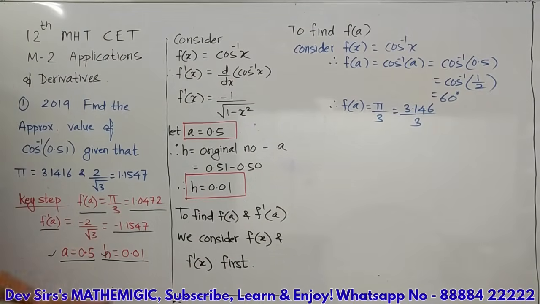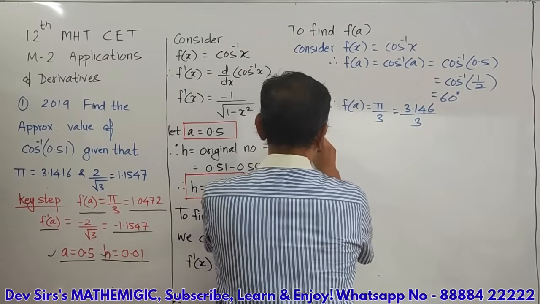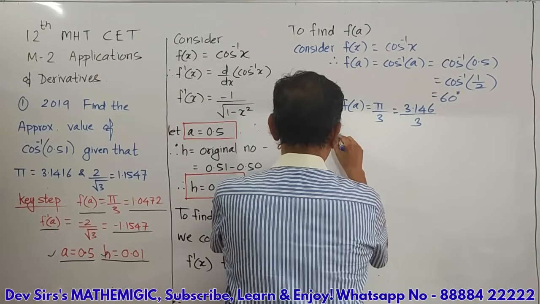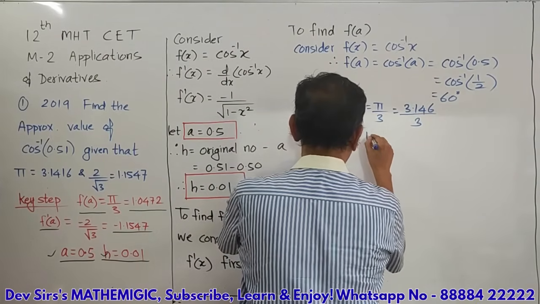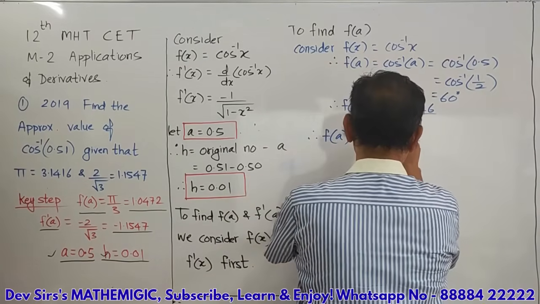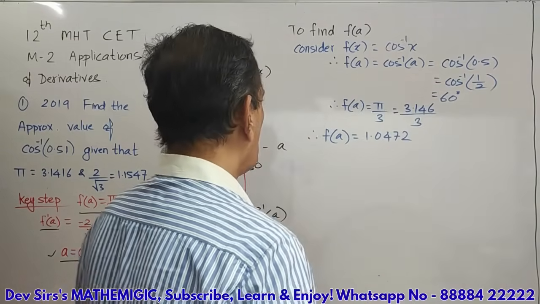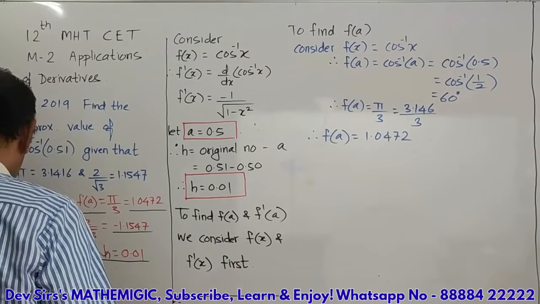Once you carry out the division, we get 1.0472. You can check it later on. Therefore FA is 1.0472. Okay, so let us mark this now.